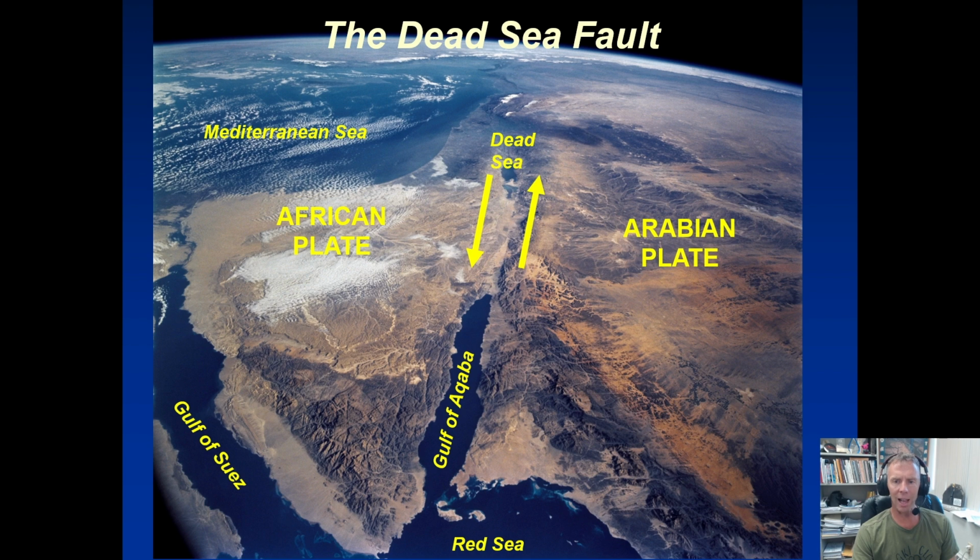Now these two plates are actually moving in the same direction. They're both moving to the north or northeast, but the Arabian plate is moving so much quicker. This plate's moving so much faster than the other one that the relative motion is set up like this. So the African plate's not truly moving to the south, but when we use these arrows as relative plate motions, this one's moving faster.